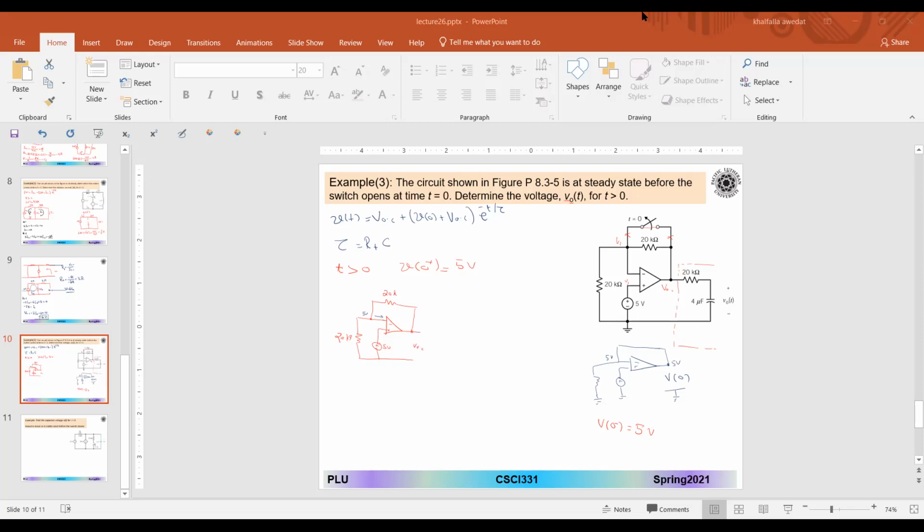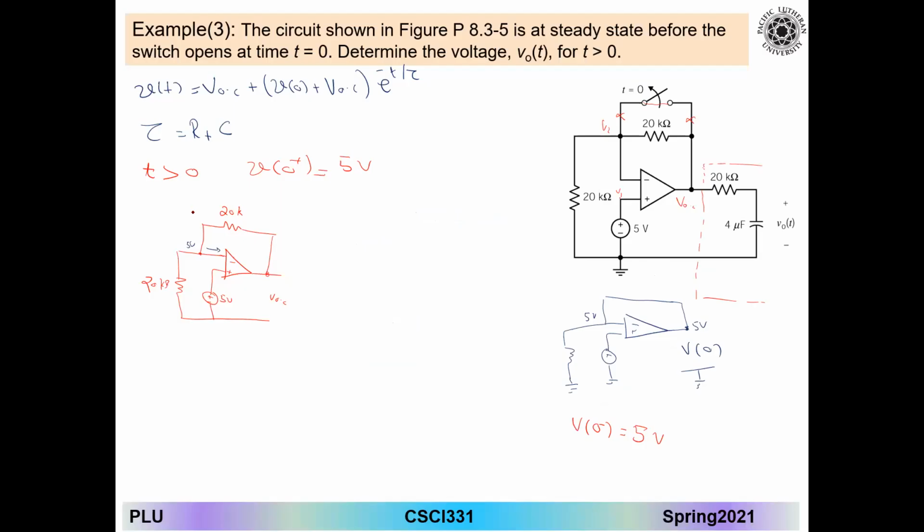Okay, anyone here get the number? Is that hard? Guys, it's 5 volts. 5 minus V open circuit, V open circuit divided by 20K, plus what do we have? 5 volts divided by 20K.